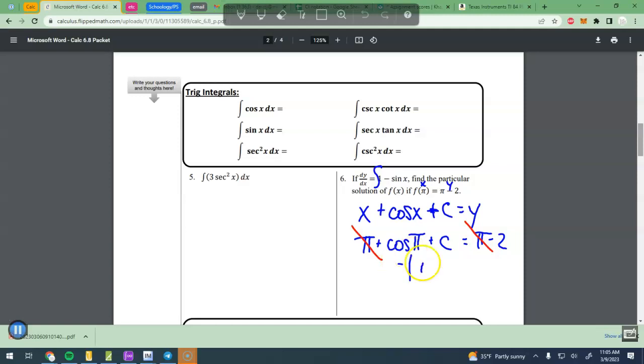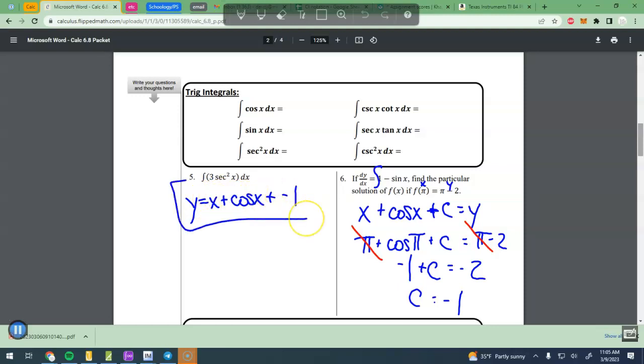Negative 1. So negative 1 plus c equals negative 2. If I add 1 to both sides, c will be negative 1. So I'm feeling pretty proud of myself because I got to that. But if I stop there, I'm not done. Make sure you go back to the original integral and replace the c with what we now know c is. Now I feel super proud of myself. Questions on that?